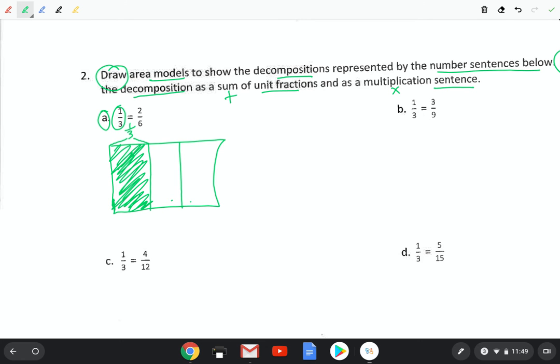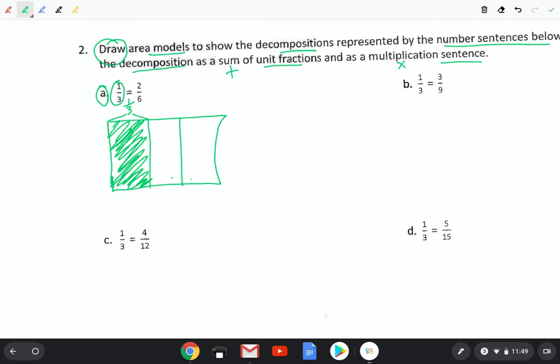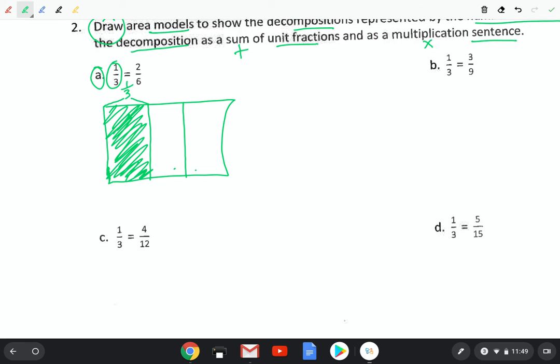Now 1/3 needs to be the same shaded space as this other fraction, 2/6. So 2/6 should be here, okay? Now, if I started out with 3 units and I need 6, that means that I need to make rows by drawing horizontal lines, okay?